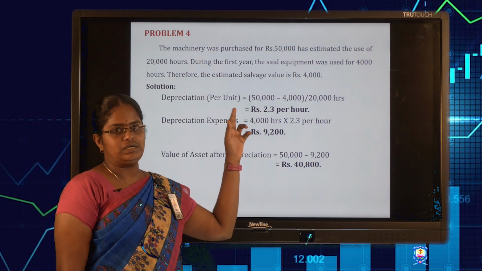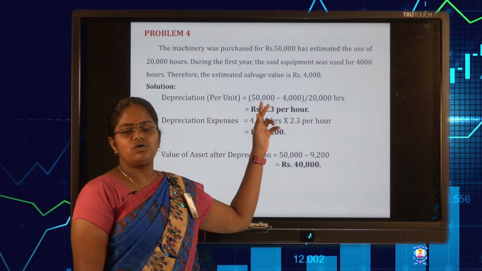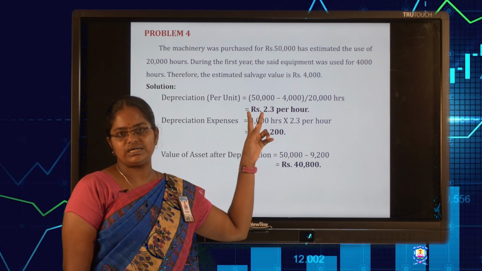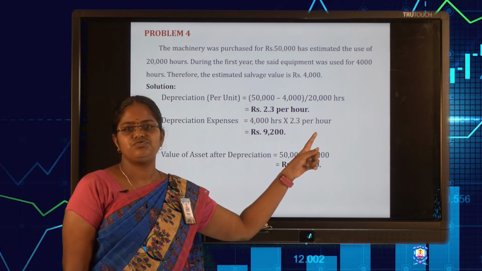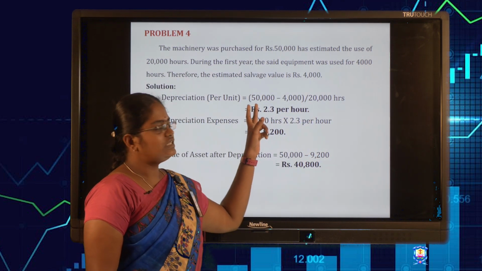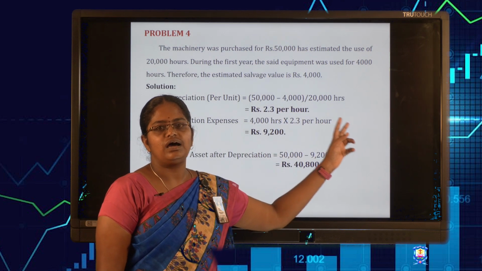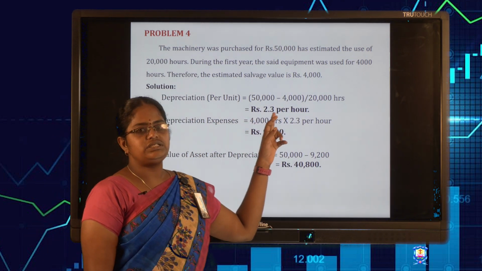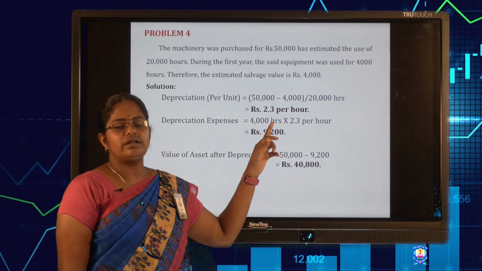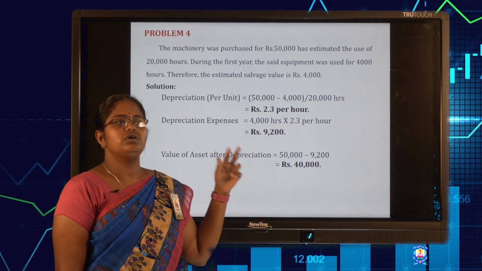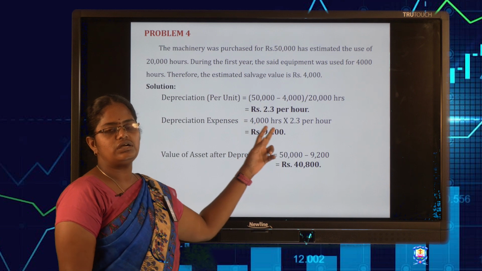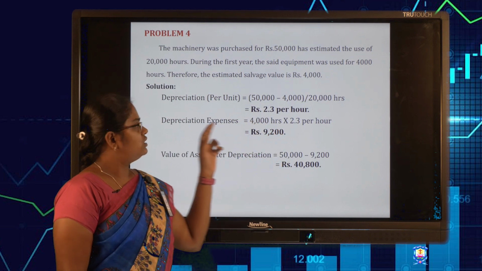Depreciation per unit is equal to original cost 50,000 minus salvage value 4,000, divided by 20,000 hours, is equal to 2.3 rupees per hour. Per hour rate is 2.3. Now we have to convert into 4,000 hours.